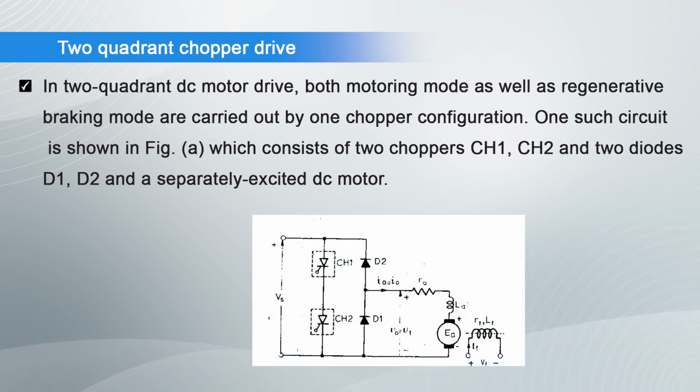In a two quadrant DC motor drive, both motoring mode as well as regenerative braking mode are carried out by one chopper configuration. One such circuit is shown in the figure, which consists of two choppers CH1 and CH2 and two diodes D1 and D2 and a separately excited DC motor.